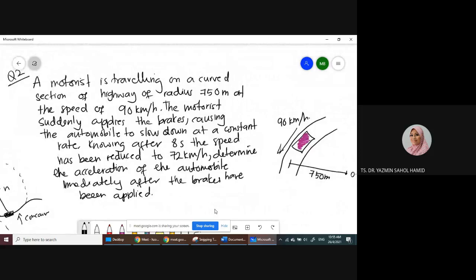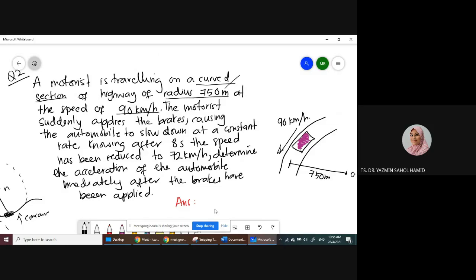Okay, let me read the question. A motorist is traveling on a curved section of the highway. So now you know this is a curved section, of course it's curvilinear, and it has a radius of 750 meter at the speed of 90 kilometer per hour.